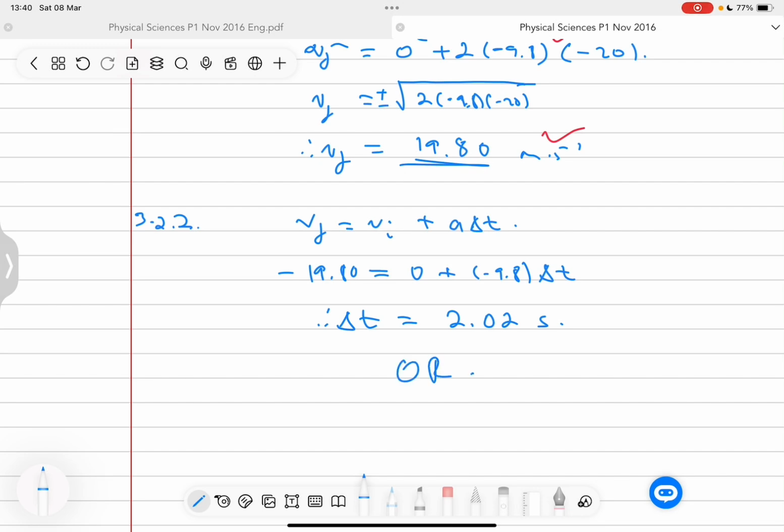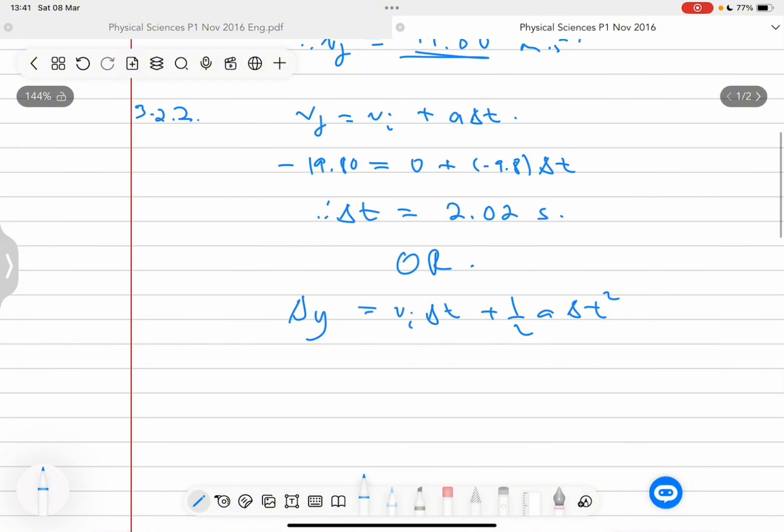Now there is another way of solving this problem, and I really want to talk about this method. I think it's very important to make this point. I've talked about it in the previous questions we've done on vertical projectile motion, the November question papers, the 2014 and 2015 ones: you can use this equation to solve this problem.